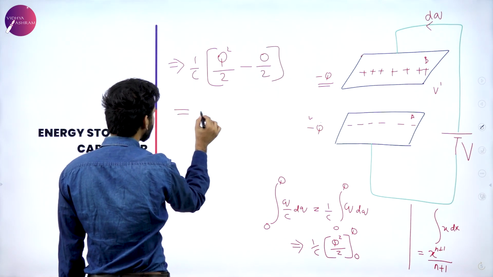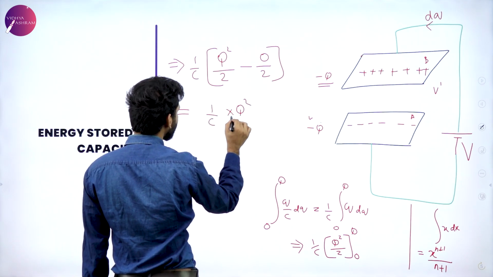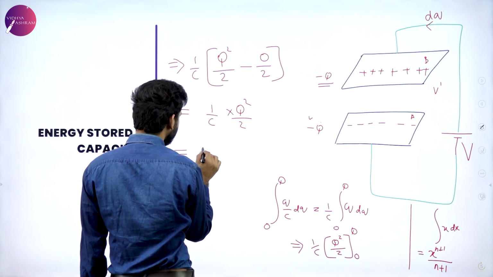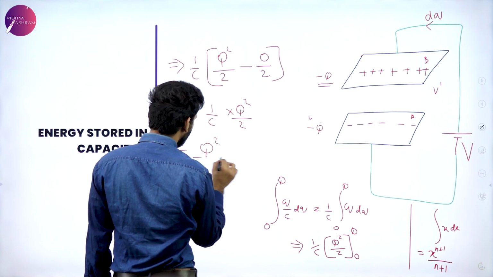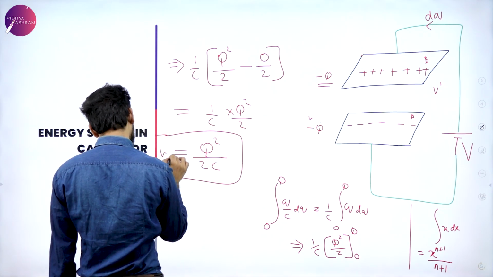So the final result becomes 1 by C into Q square by 2, which can be written as Q square by 2C. So this will be equal to the work done.